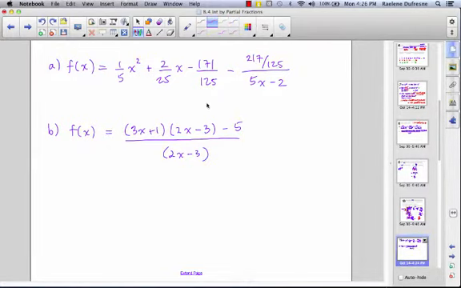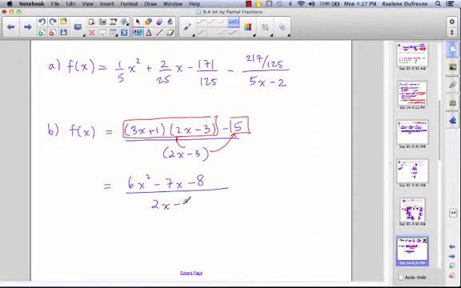We can see, of course, we've got two terms in the numerator, and the denominator could have divided into them, giving us the proper fraction form we had to begin with. So here we get 6x squared minus 7x minus 3 minus 5 is minus 8, all over 2x minus 3.